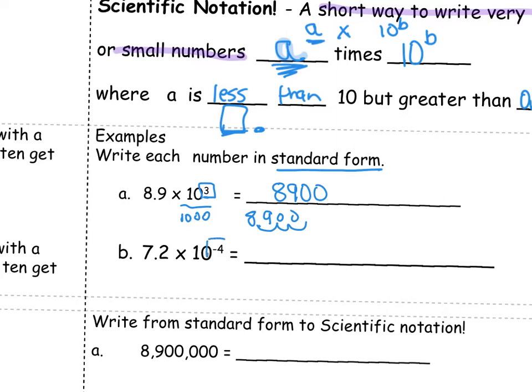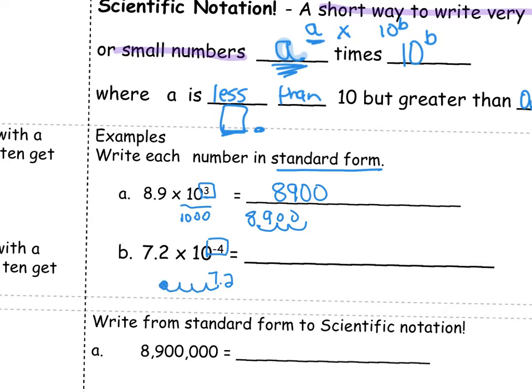This one is a negative exponent, so that means we have to make the number smaller because we're really dividing or multiplying by that fraction. So again, I write my number down here, and then I move it 1, 2, 3, 4 places.